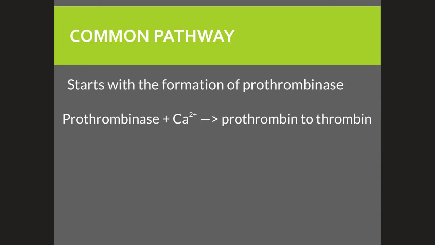So once it gets activated through a cleavage process, then the pro comes off and it is now in its active form. So prothrombinase is made, and then prothrombinase and calcium together catalyze the conversion of prothrombin to thrombin. Now thrombin is active and in the presence of calcium can convert fibrinogen to fibrin.